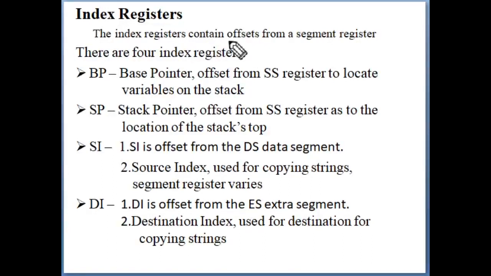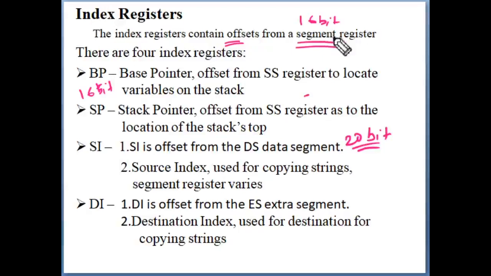What is offset? What is your segment register? Segment registers are available in the bus interface unit. The segment register is 16 bit, and your index registers are also 16 bit. But I already told you 8086 has a 20 bit address. So how can we present a 20 bit physical address with 16 bit index registers and 16 bit segment registers? These together form the logical address.